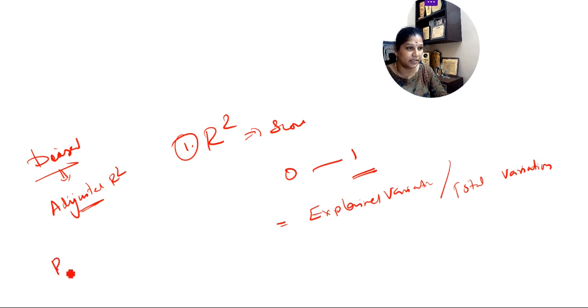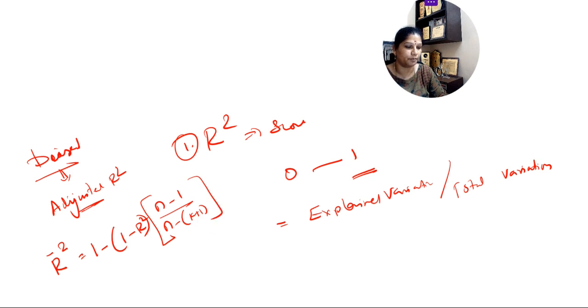Kindly just see here, this was our adjusted R square, and here we just go with 1 minus R square with n minus 1 divided by n minus k plus 1.